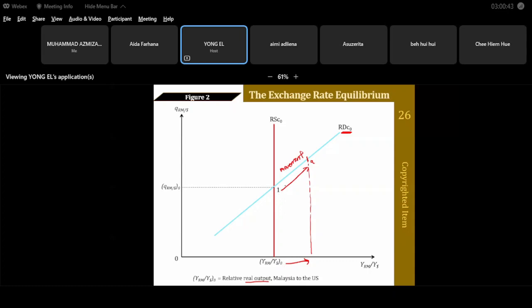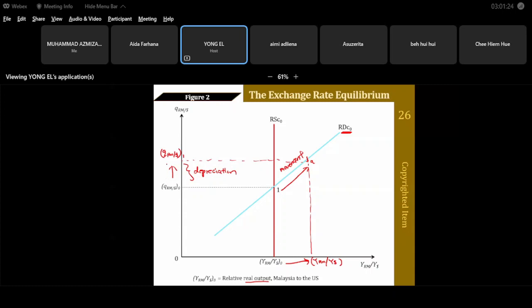A movement from 1 to A indicates an increase in the demand for real output in Malaysia relative to the US. But this movement also depicts one more piece of information, which is an increase in the real exchange rate to a higher level. An increase in the exchange rate here actually means depreciation, just like the nominal exchange rate.